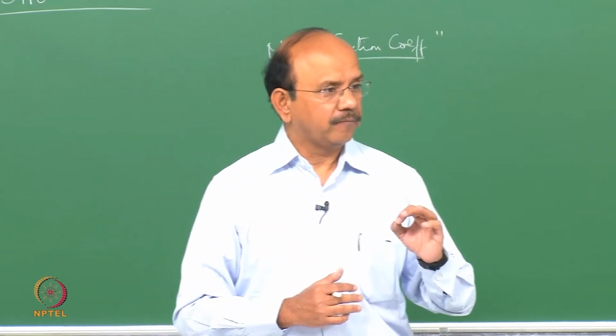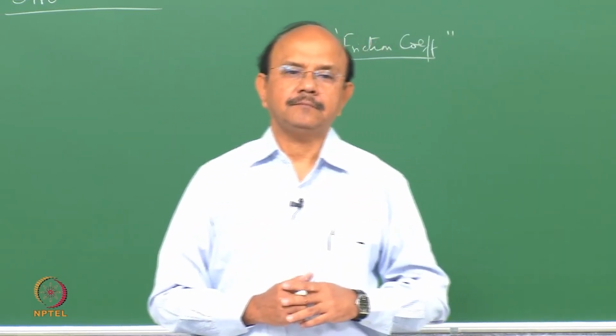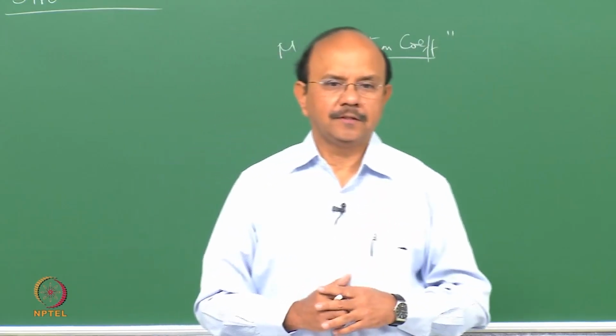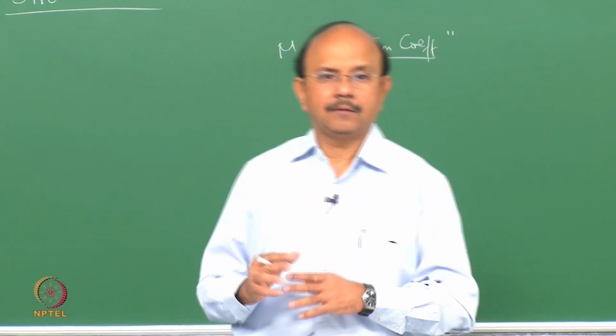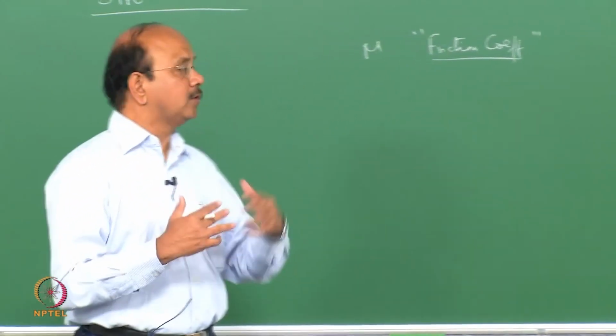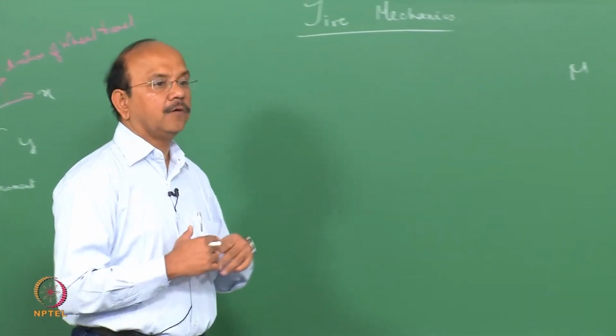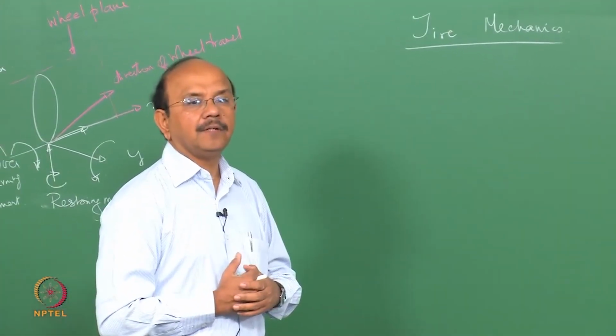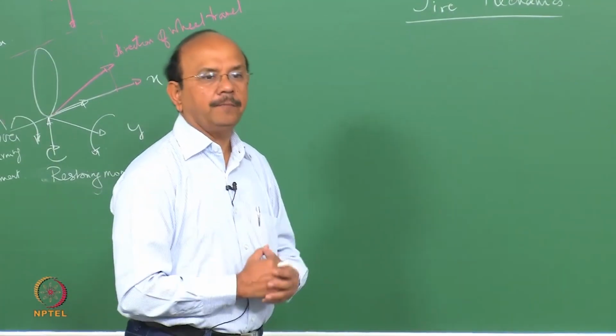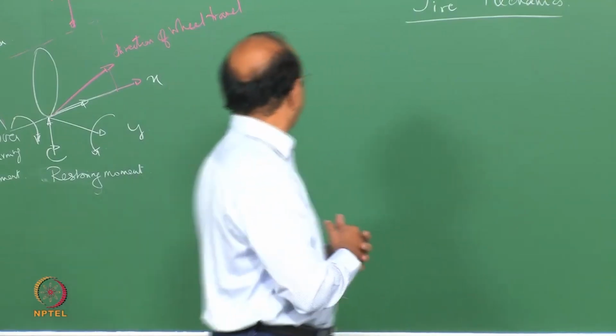But the phenomenon is very deep. We will answer the question, one by one, as to why or how this friction coefficient or friction is developed, and how it enhances the grip, and so on.